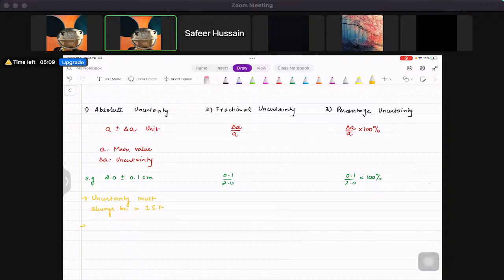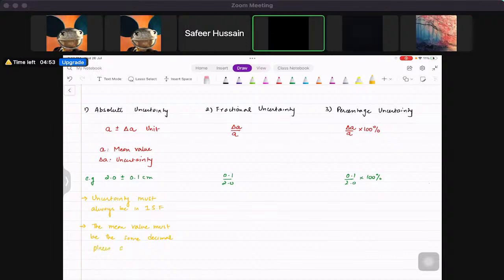And the mean value must be the same decimal places as the uncertainty.